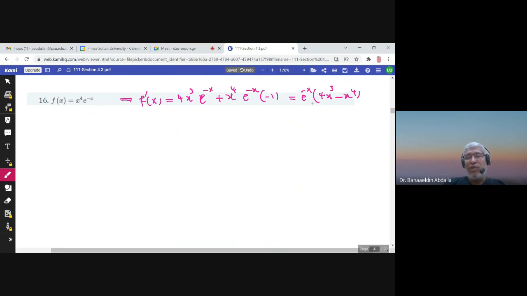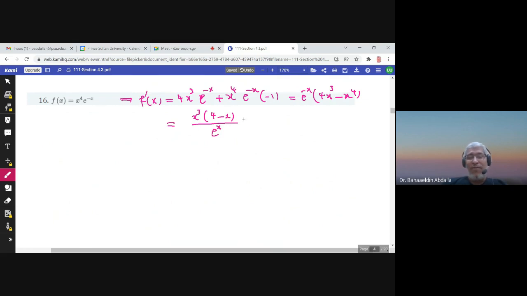So not only e to the power negative x is the common factor. I can take e to the power negative x down, so it would be e to the power x. And from these two terms, I can take x cubed as a common factor. So I will have 4 minus x. All right, taking x cubed, 4 minus 3 is 1. So this is f prime.